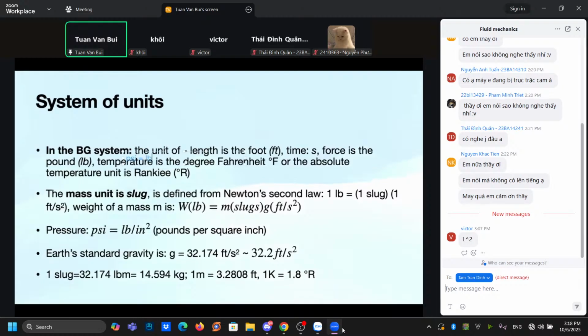PSI equals 1 pound per inch squared, and PSF is pounds per foot squared.